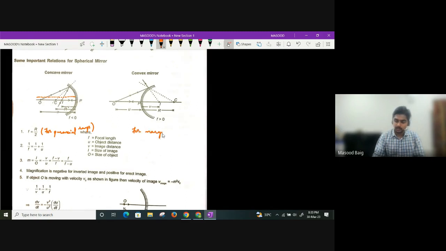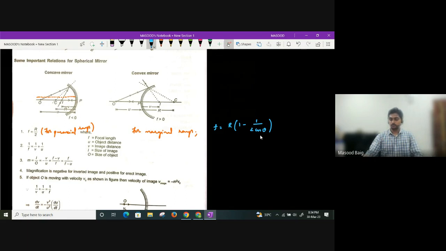We also have something called marginal rays, guys. What are marginal rays? They are also rays which are parallel to the principal axis, but they are going to be a little bit far away from the principal axis. So in that case, you are going to get the focal length as R. If I take it common, guys, you will get it as 1 minus 1 by 2 cos theta. Is that clear, all of you? Everyone, is this clear or not?